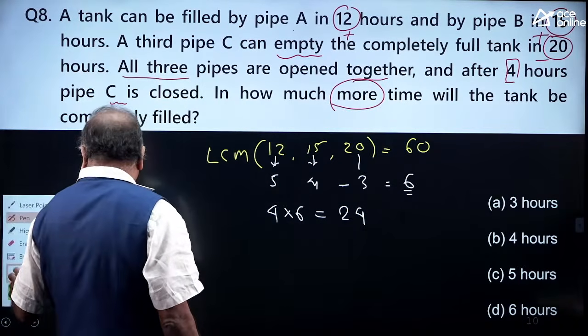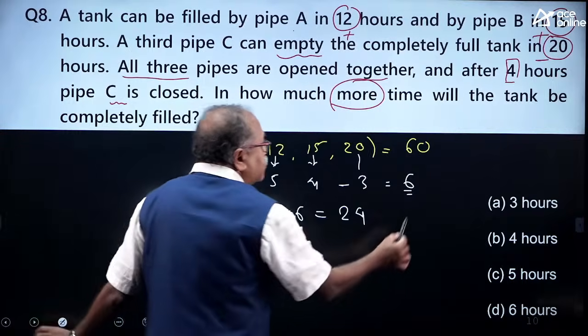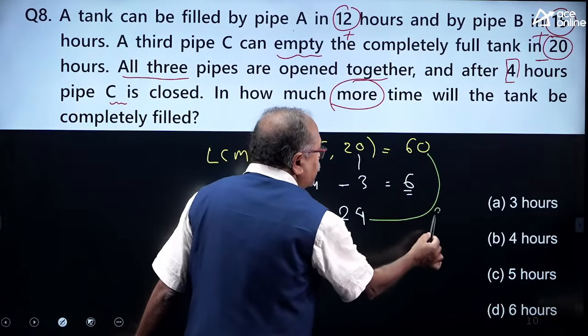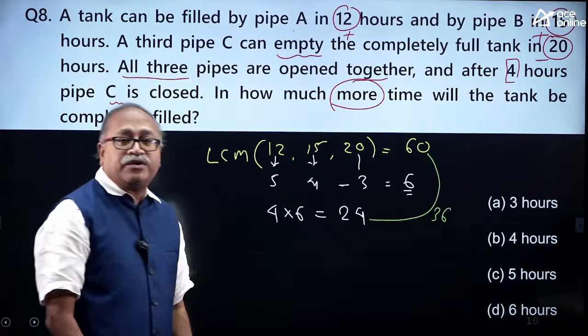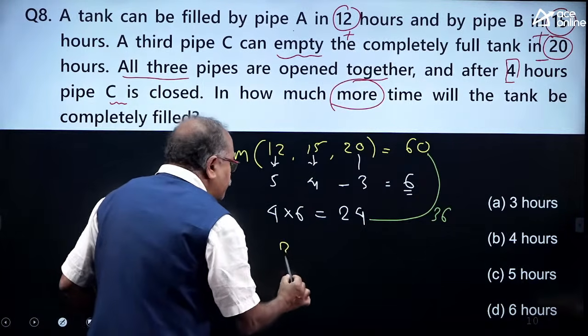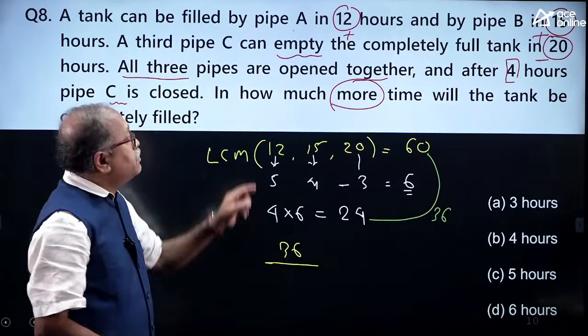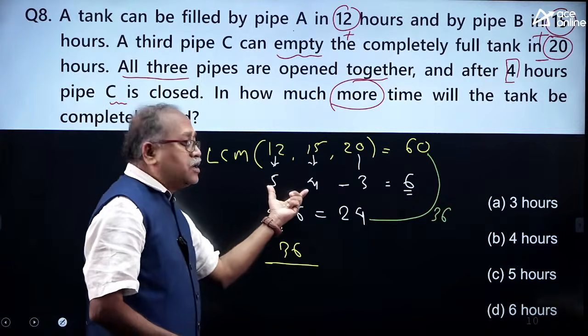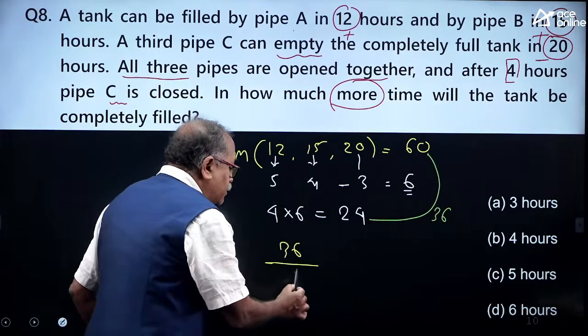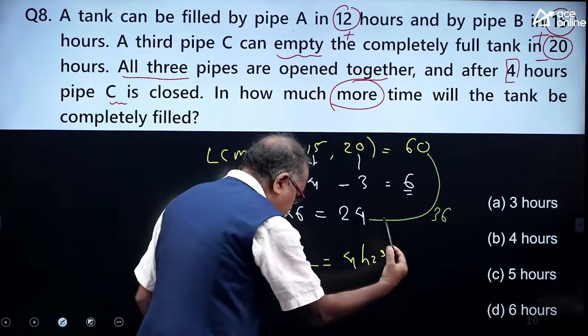Now, the C is closed. So, how many units are left now? Don't write here, it is visible that 36 units are left. So, these 36 units have to be filled by A and B. There is no emptying because C is closed. So, that comes 5 plus 4, 9, and that takes another 4 hours.